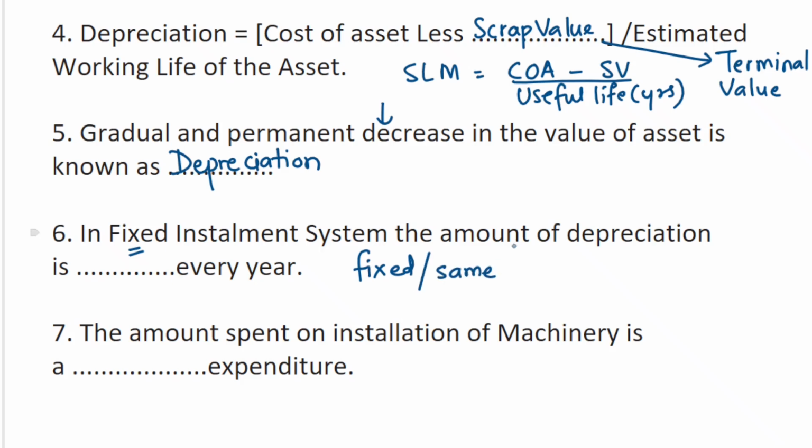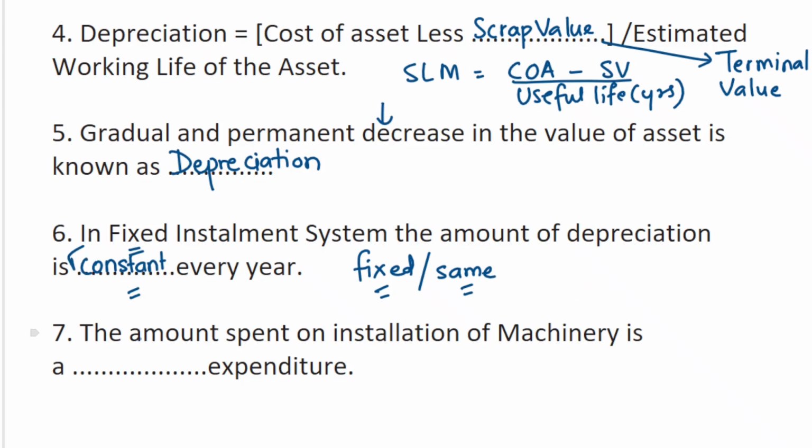The amount is fixed every year or same every year, but the good answer, the right answer will be constant every year. If you don't remember constant word, somehow that happens that in exam you don't get that exact word, then you can use fixed or same, but constant is the right one.